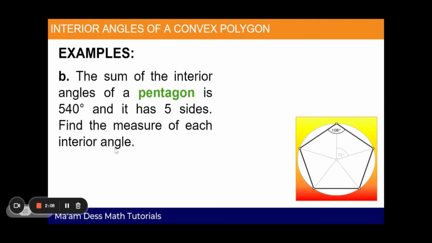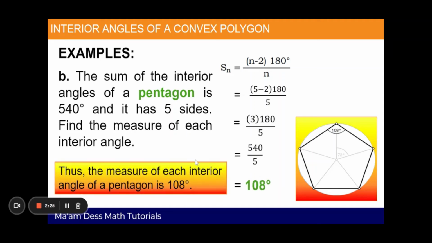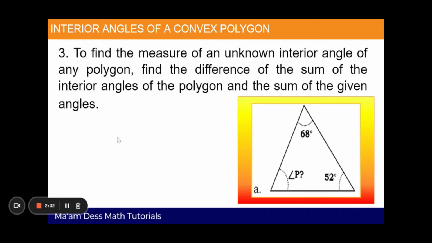Find the measure of each interior angle. So again, look at the solution in finding the sum of the interior angles. So 540 divided by 5. The answer is 108 degrees. And the measure of each interior angle of a pentagon is 108 degrees.